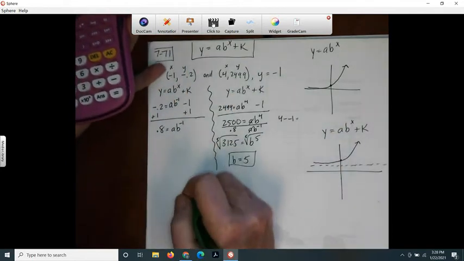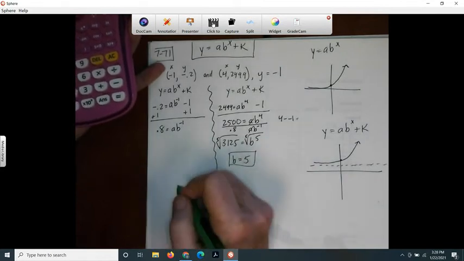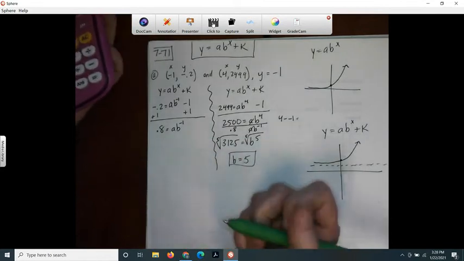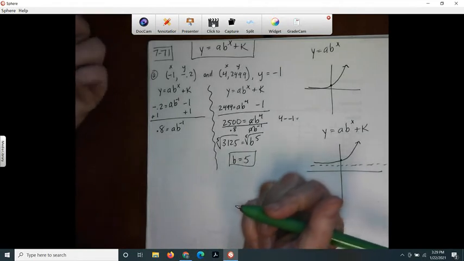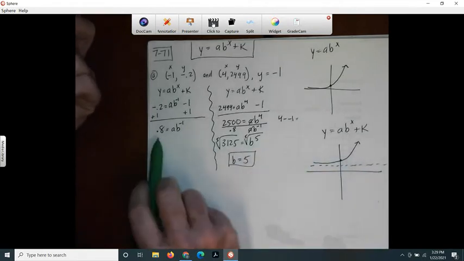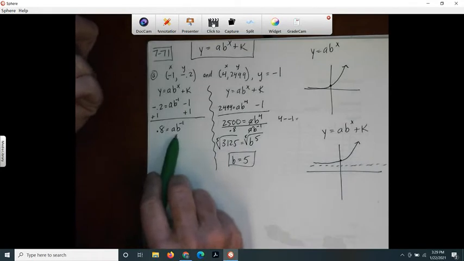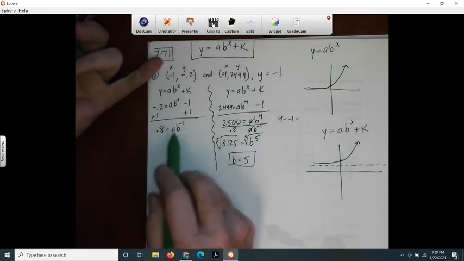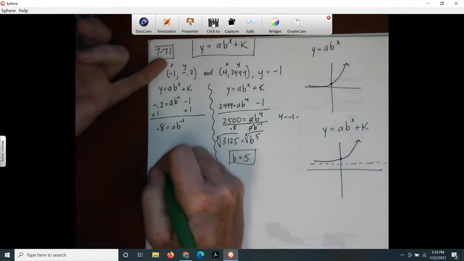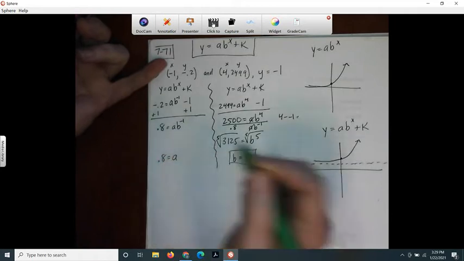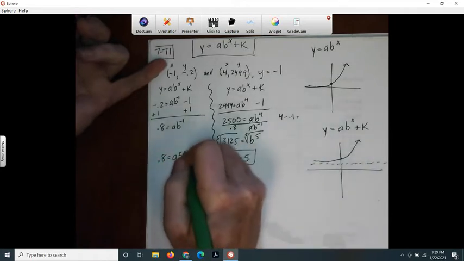And remember, it was y equals a times b to the x. So I want to plug in my b somewhere and solve for a. I guess I'll just plug it in right here. 0.8 equals a times 5 to the -1.